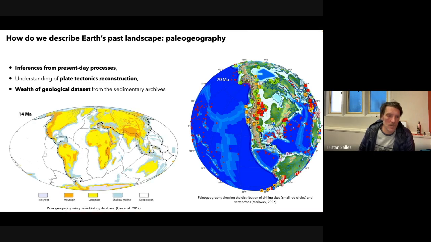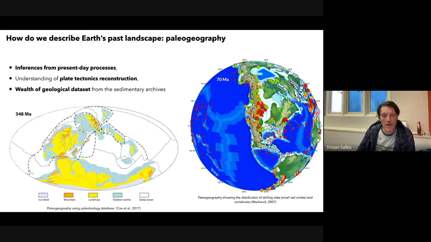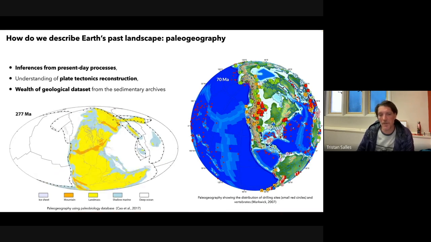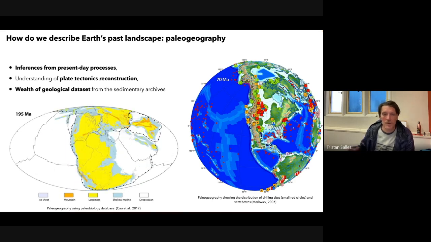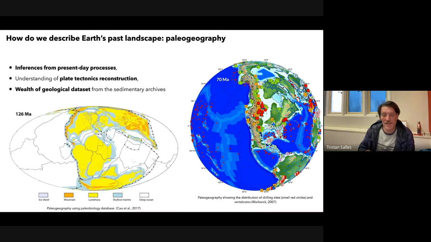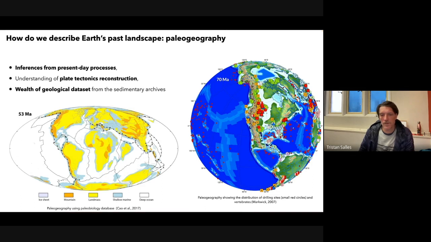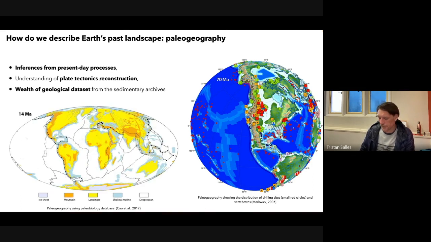For example, on the movie here, we've got pretty much two or three types of landform. We've got mountain ranges, which are these orange polygons. We've got the landmass, which is this yellow part. And also described here, we've got the shelf around the continent, the shallow marine area.